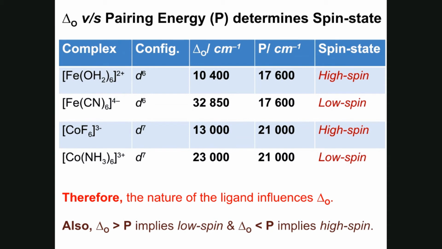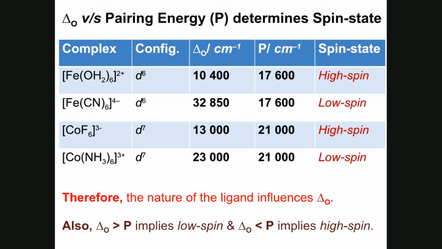I've got this table here that is again based on the relationship between splitting and the pairing energy. And please, and double please, look at what happens with hexa-aqua iron 2, the first complex at the top.